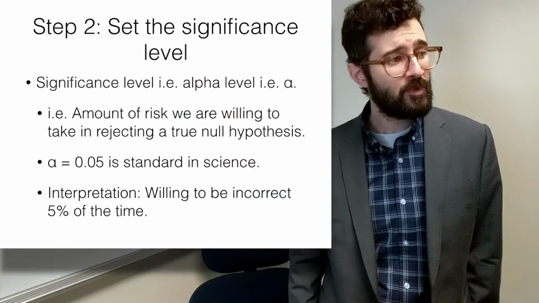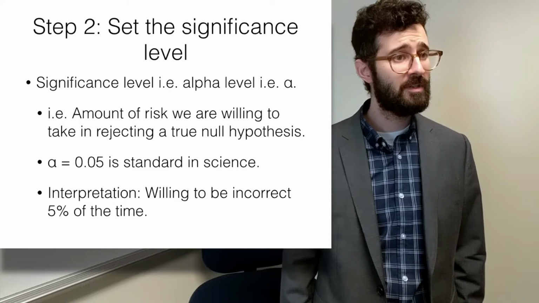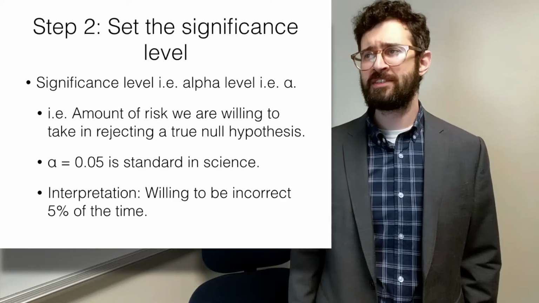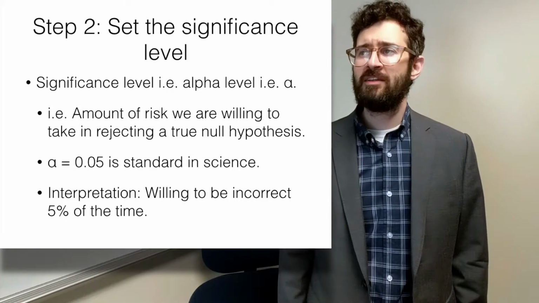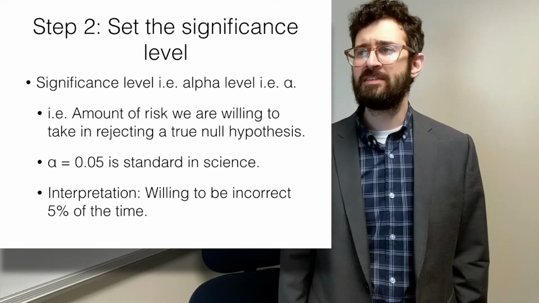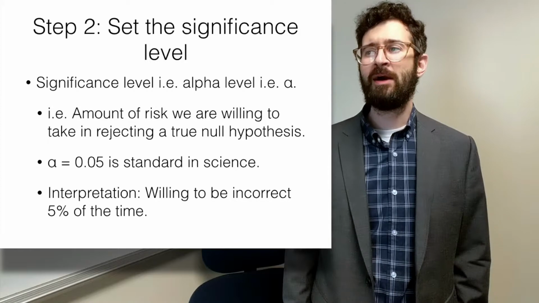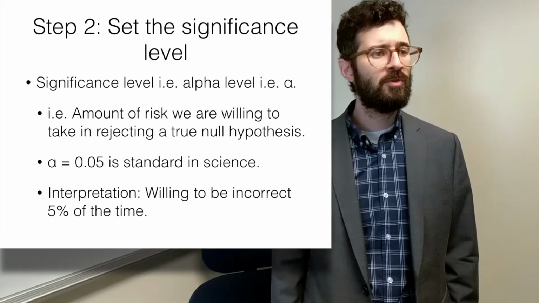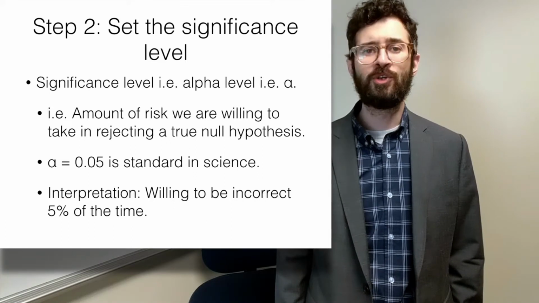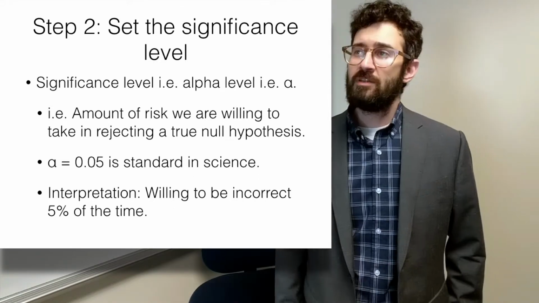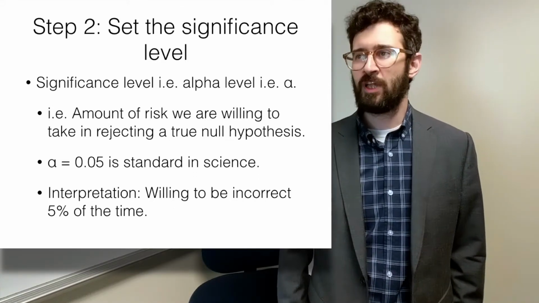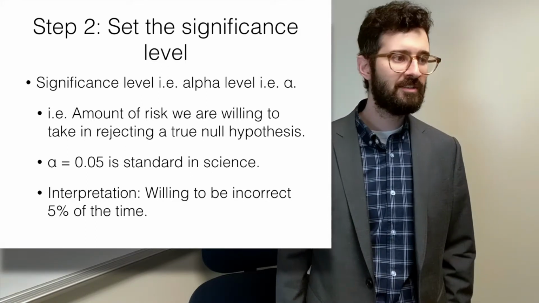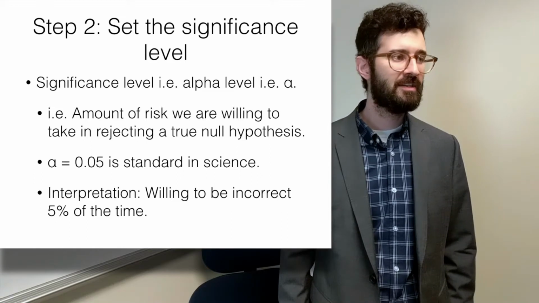In step 2, we set our significance level. So recall, one interpretation of the significance level is that it is essentially the amount of risk that you're willing to take when it comes to rejecting, say, a true null hypothesis. So we have this null hypothesis, and we're trying to decide whether or not we should reject it or fail to reject it.